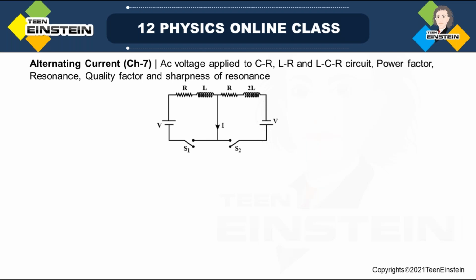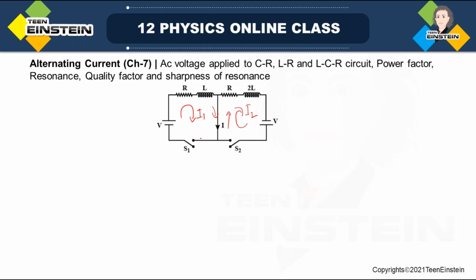I'll do the solution here. What we have considered: this is I1 flowing and this is I2 flowing. I1 has this direction, I2 has this direction. If we can somehow find I1 and I2 from this, then it will be easy to find the answer.